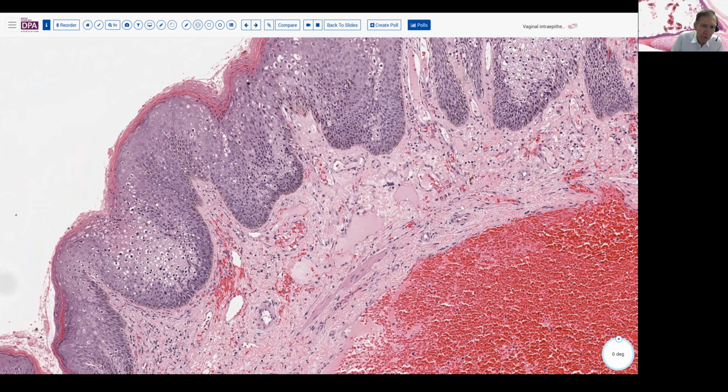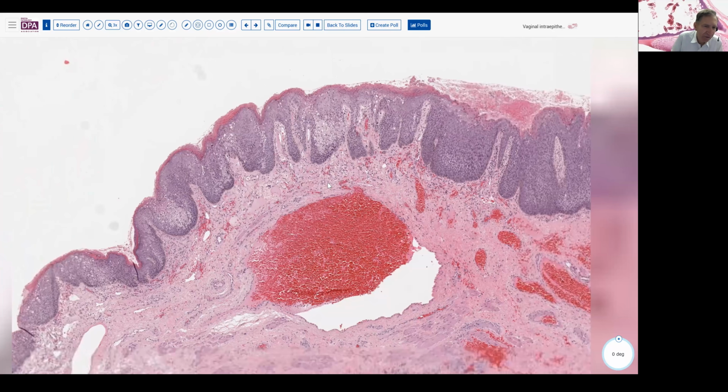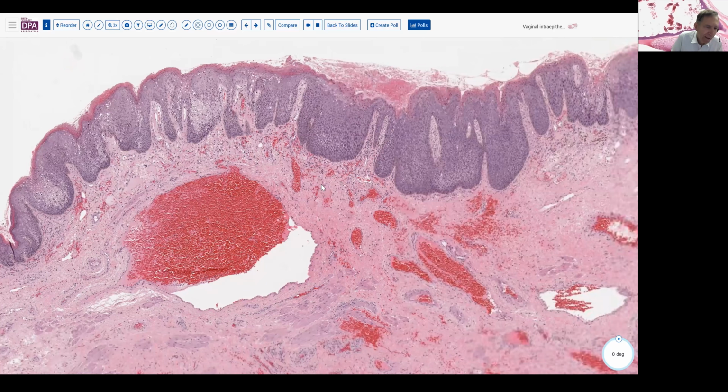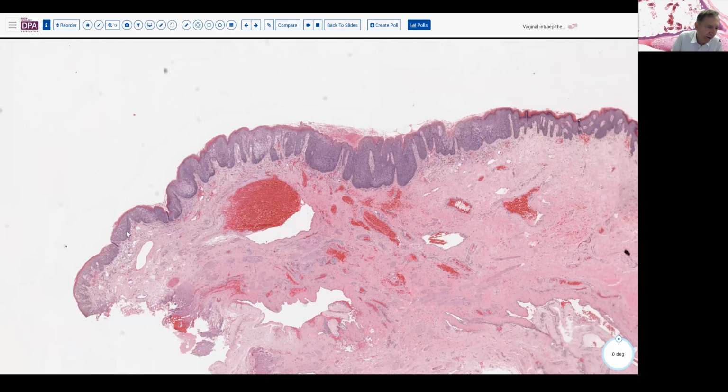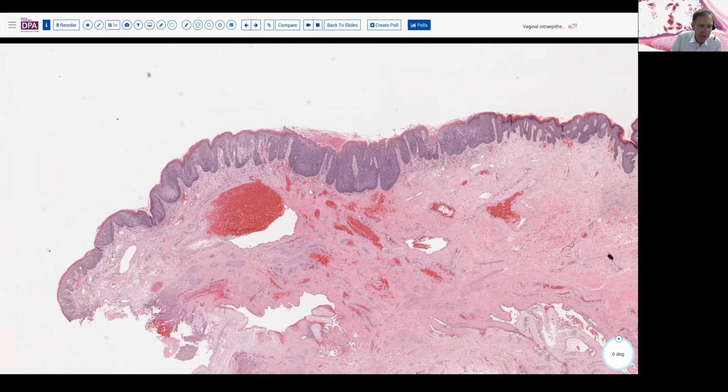So what do we do with the final diagnosis of an excision like this? Well, while in many cases it's not a situation where it progresses from CIN 1 to CIN 2 to CIN 3, there can be variability in terms of the morphology. And so we usually make our diagnosis based on the highest grade changes that we see.